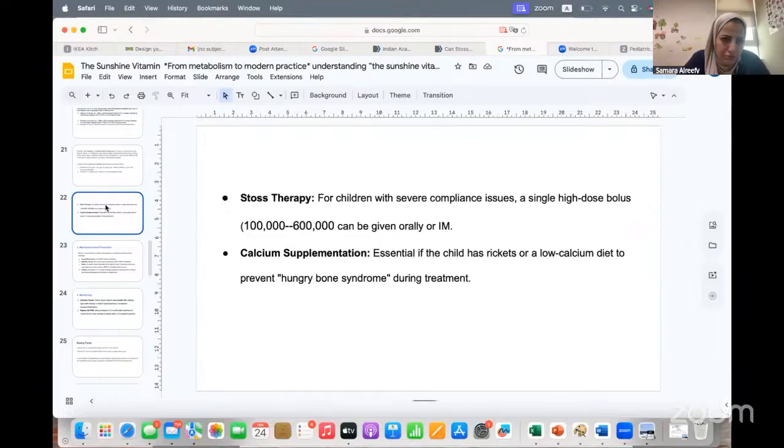So these are a couple of things we'll have to bear in mind when we are doing vigorous treatment with vitamin D. And a note on toxicity: that's why the STOSS regime or high dose regime does not really manifest with toxicity. We do have situations where a couple of kids have come with accidental overdosing, self-consumption and such.